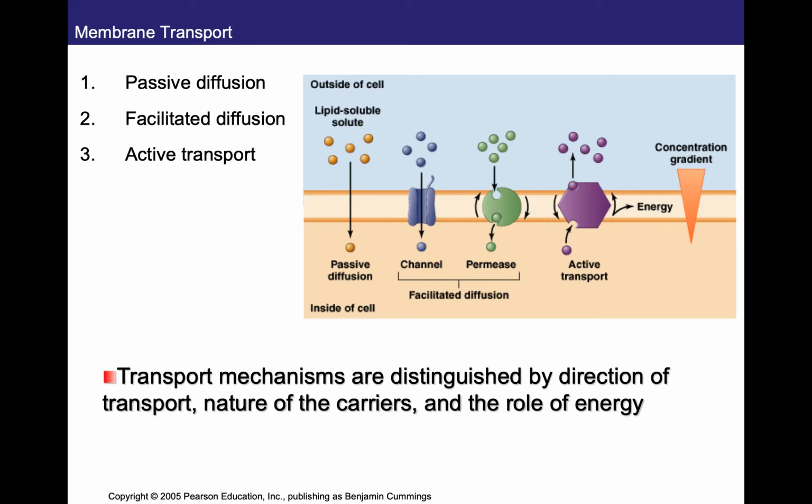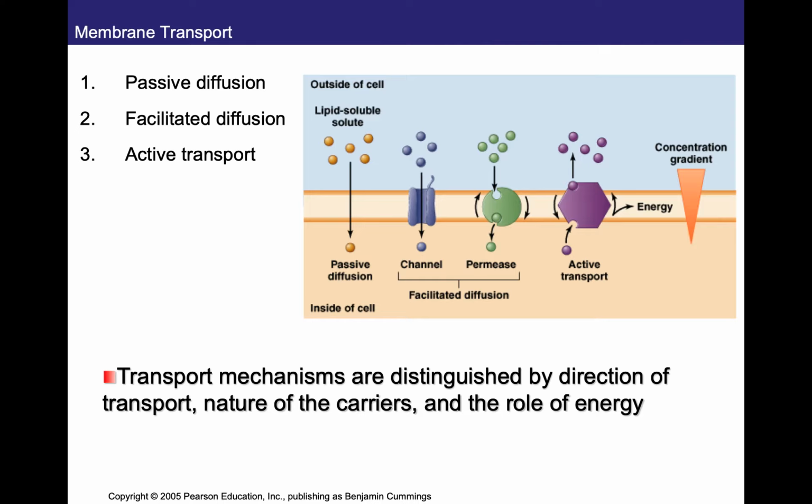And then finally, if you take a look at this, this is representing our concentration gradient. In this case, these molecules have a high concentration on the outside relative to the inside. So for passive diffusion and facilitated diffusion, these molecules are going with their concentration gradient, or down their concentration gradient, okay?